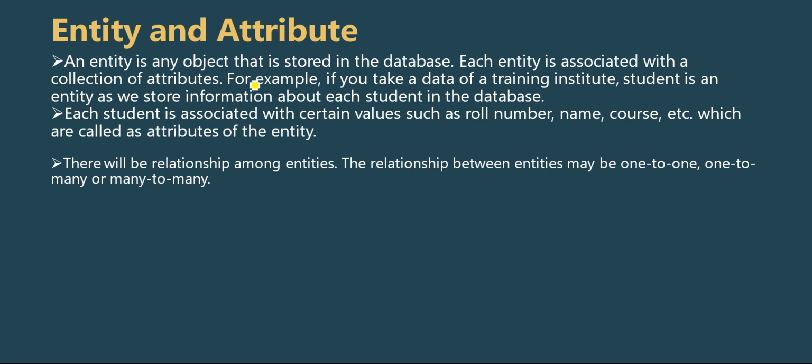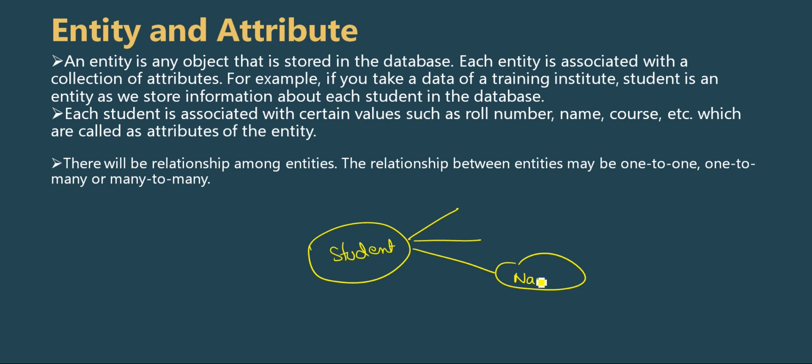Now we have an entity student. We have properties, or you can say attributes, like name, roll number, and course, meaning what course he or she is studying.